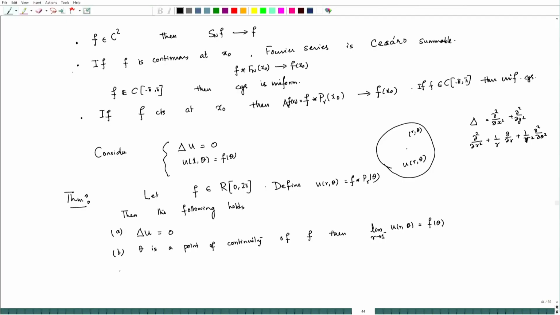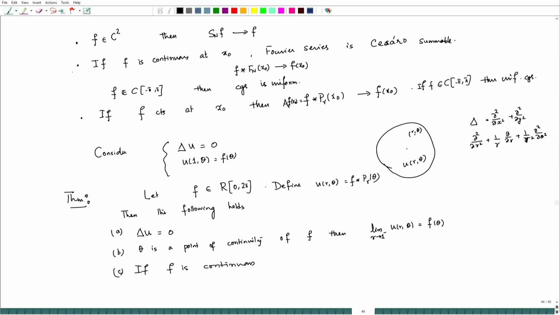And moreover, (c) if f is continuous, then from (b) we get that as r goes to 1, u of r theta converges to f at the boundary uniformly.